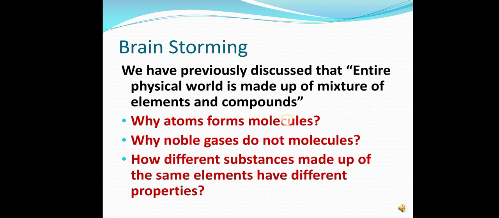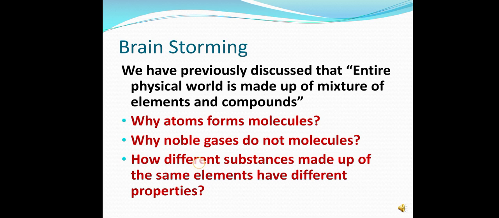So when the word compound comes to your mind, everybody knows that a compound is a combination of the same or different atoms. So we should know why atoms form molecules. This is the question: why do atoms form molecules, why can't they stay alone? Number two, we have studied that noble gases remain as monatomic molecules.